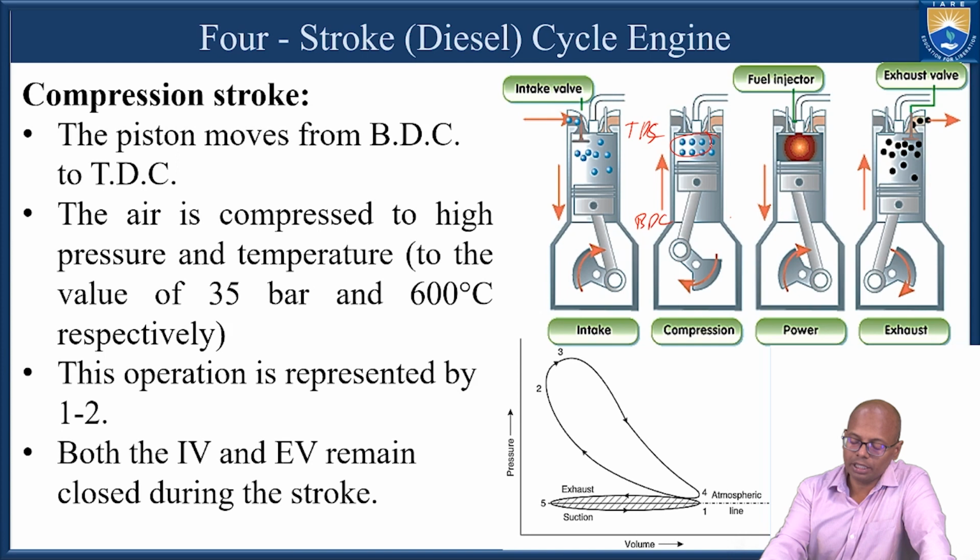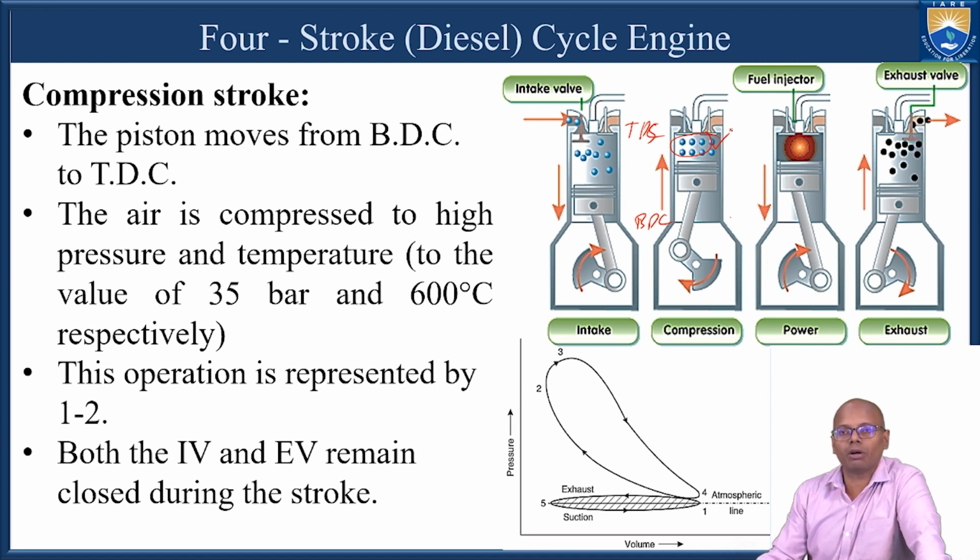Previously it was only 8 bar in the case of SI engines or the spark ignition engine, but here in the compression ignition engine, the pressures are as high as 35 bar.